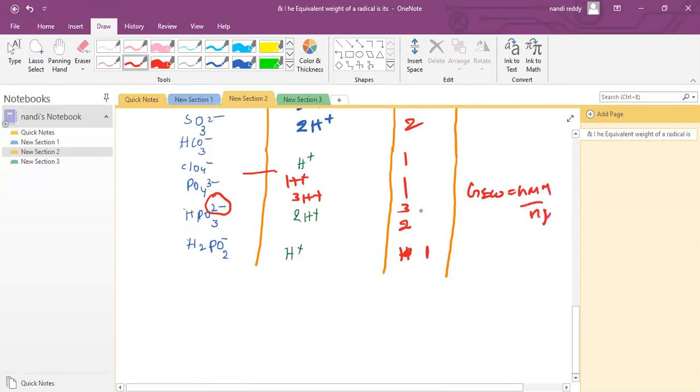The n factor for phosphate is 3, so 95 by 3 is the equivalent weight of the phosphate ion. I hope you understood how to get the n factor for anions. You can apply this principle to any anion and you will get your answers.